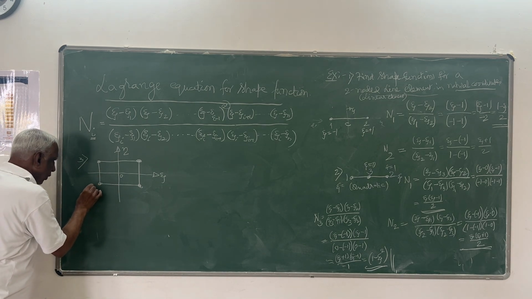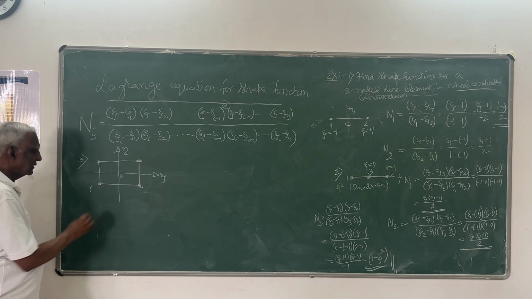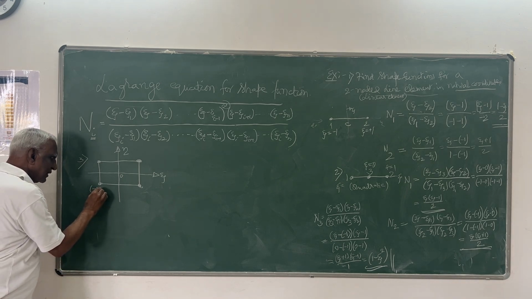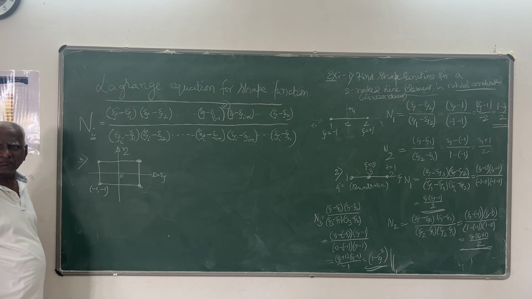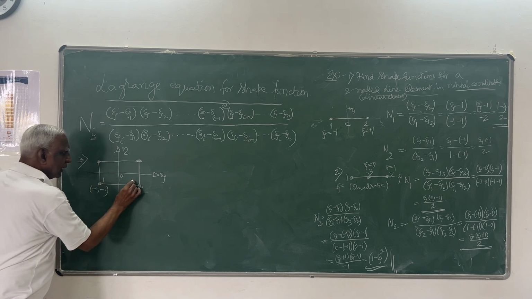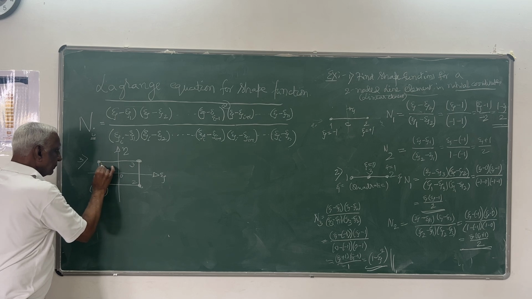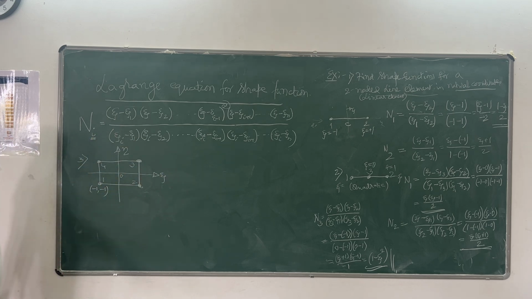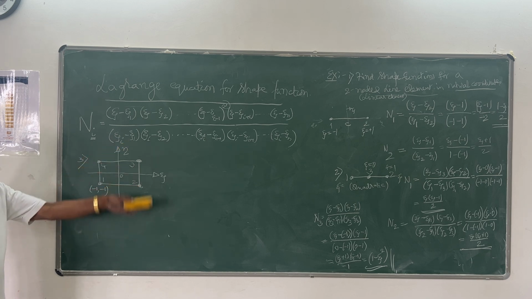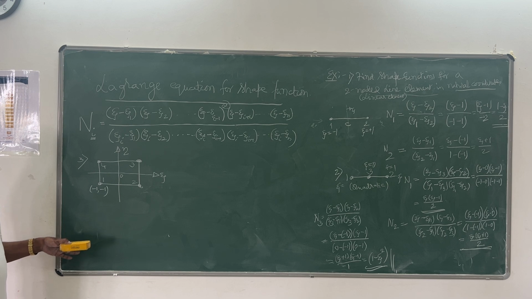For this, what are the coordinates? Minus 1, node 1. Always numbering node, you have to number it in anti-clockwise direction, preferably counterclockwise. That's why moment also I told we'll take anti-clockwise in finite element. Right? Otherwise it leads to negative, positive confusion.